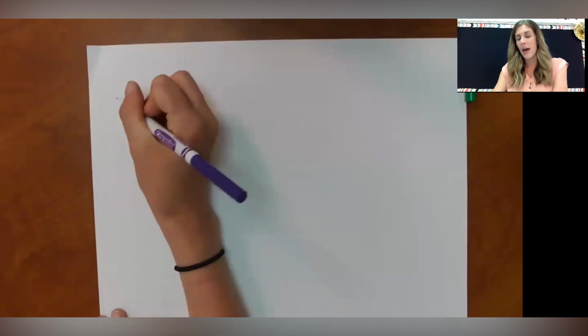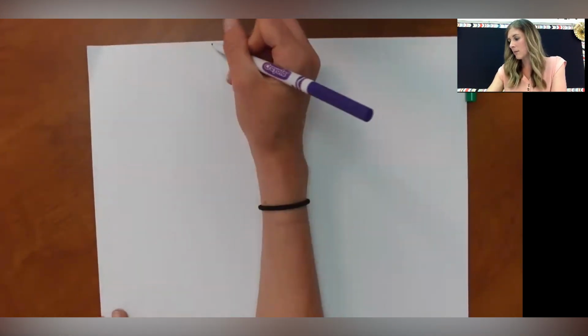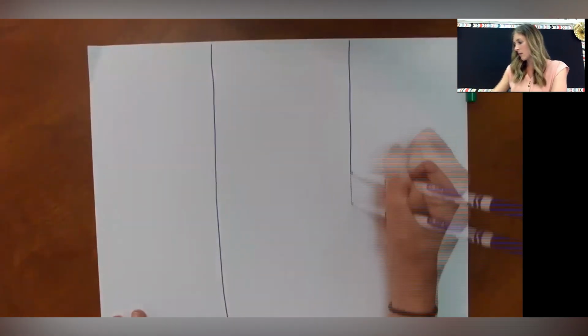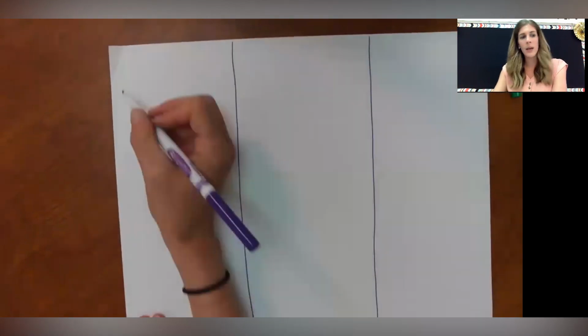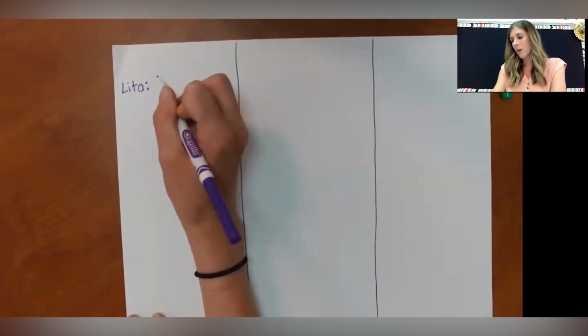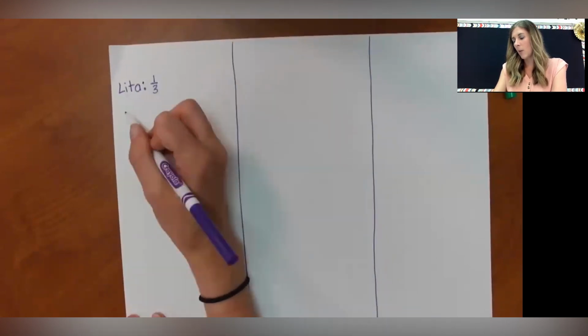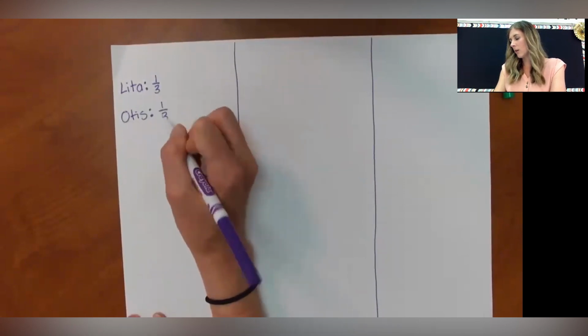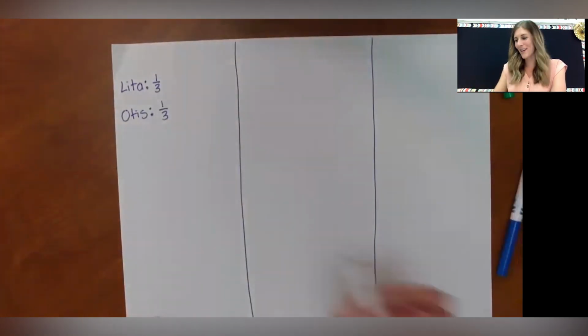I'm going to split my paper into 3 columns because we're going to work 3 problems. So we know that Lita cleaned 1/3, and we know that Otis cleaned 1/3. I'm going to do that in a different color.